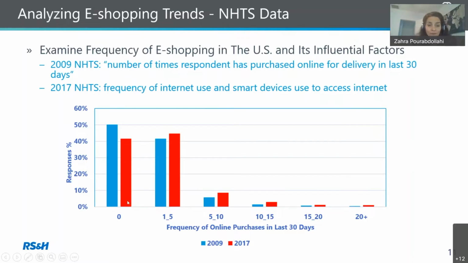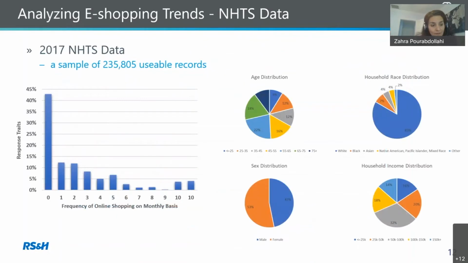As you can see, the 2017 data in red shows that almost 60% of the American population reported that they purchased online at least once in the past month, compared to only 47% in 2009.